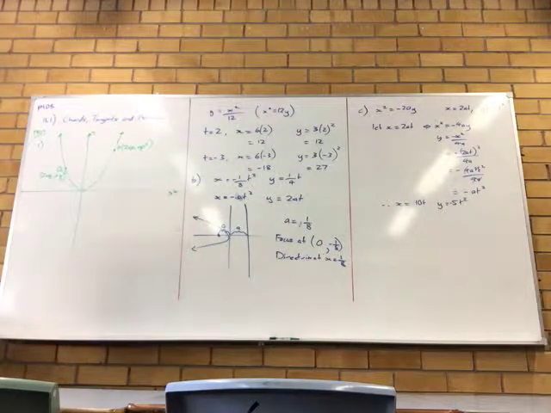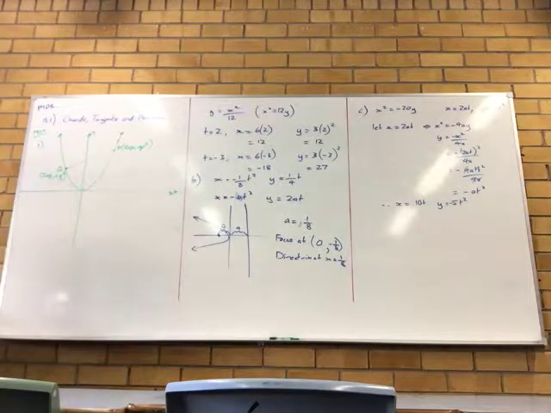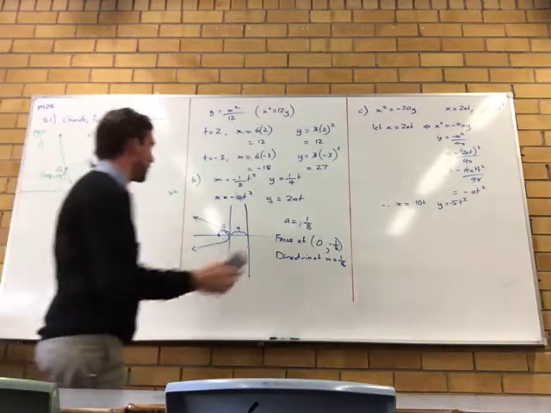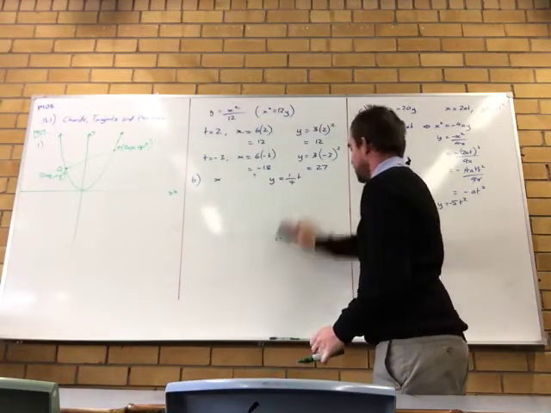So we need to now find the gradient of the chord PQ. So we need to find the gradient and the equation of that chord. Okay, so using your mathematics skills, let's derive the equation. Okay, so what's the first thing you need to do?